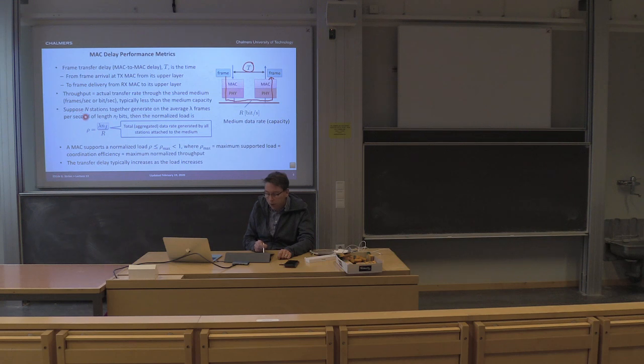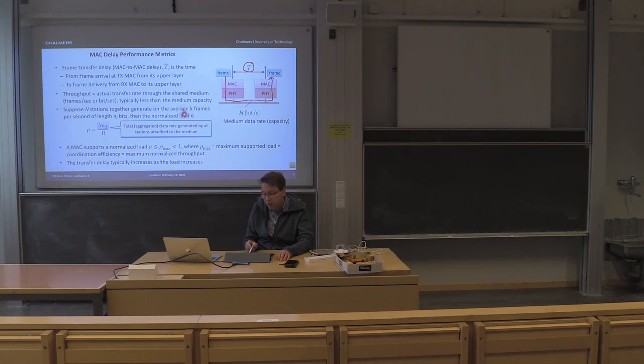What complicates things here is that we don't have just one transmitter and one receiver. Typically, we have many stations attached to this medium, and the data rate needs to be shared between all the users of that medium. If we have capital N stations attached to the medium, together they generate some load, which we denote by lambda.